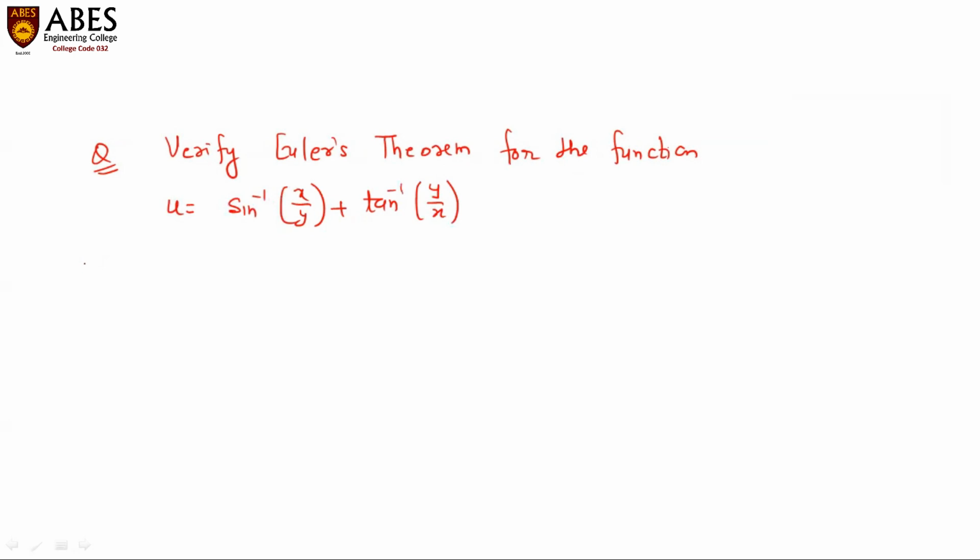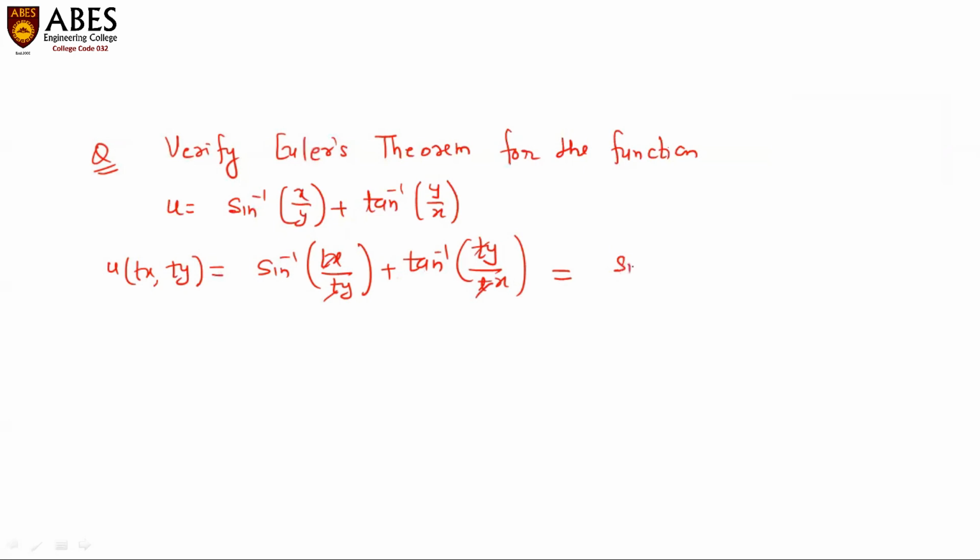To check whether a function u is homogeneous or not, we'll replace x by tx and y by ty. Then we will get, cancel t in numerator and denominator both.